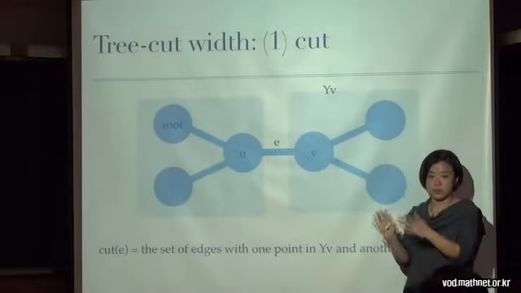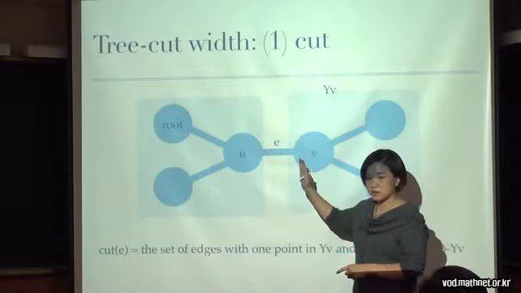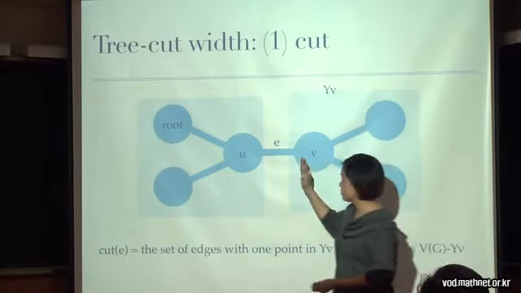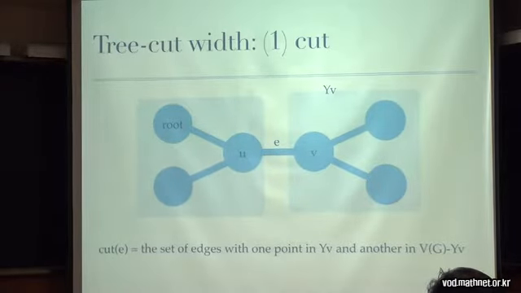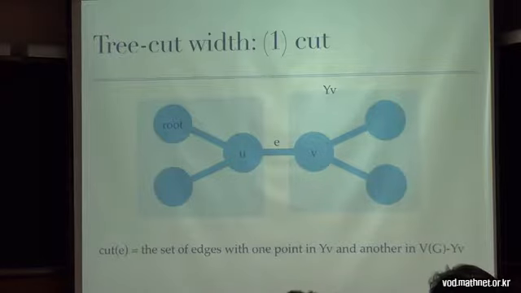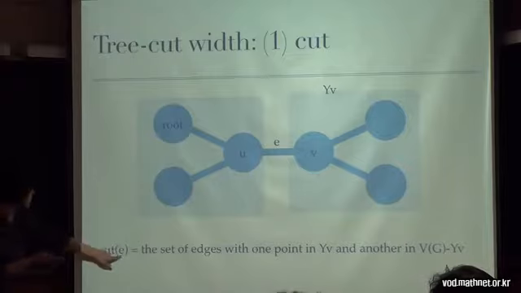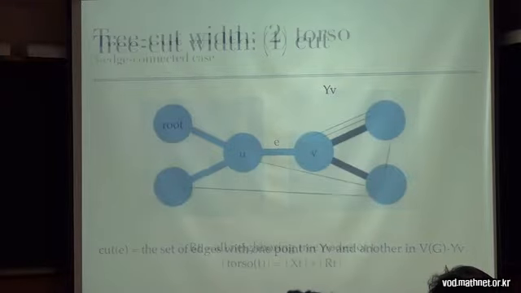This will form a bipartition of V of G, and the cut of e is exactly the edges of G such that one endpoint is here, another endpoint is here. Okay? So you want to make the size of the cut of e as small as possible for every edge of the tree. This is one measure you want to reduce.